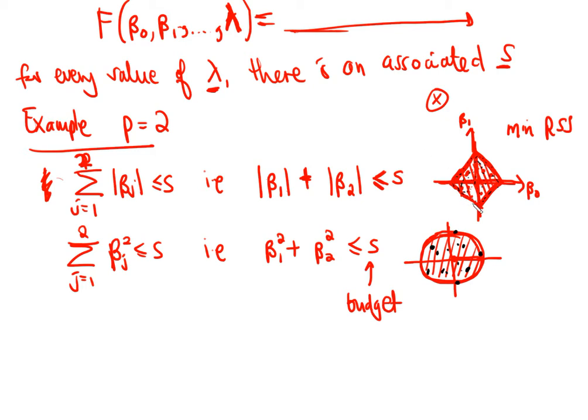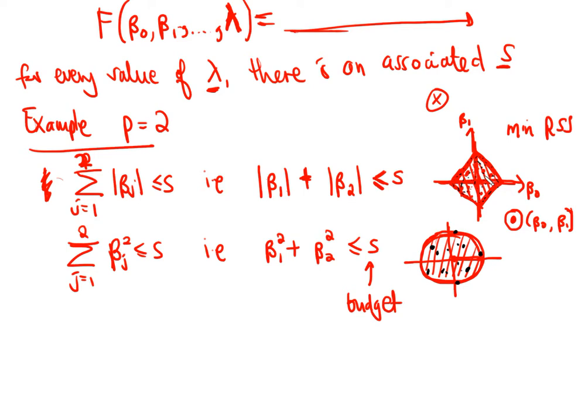Since we have drawn these circles, these are combinations of beta 1 and beta 2 that satisfy the budget, right? Let's say our least squares combination was here. That is our least squares beta 0 and beta 1, according to least squares, that's where they were.